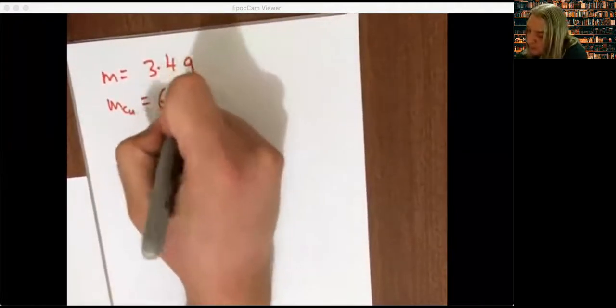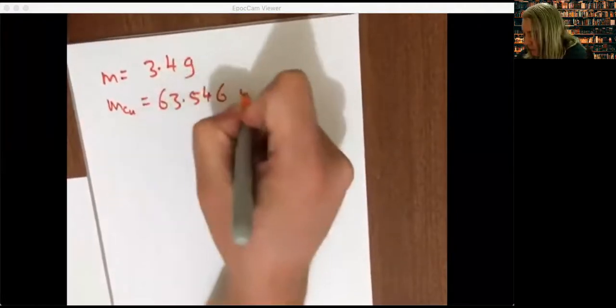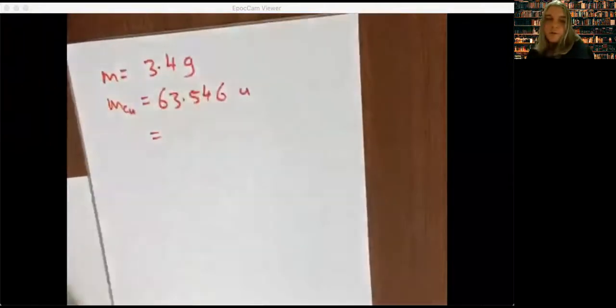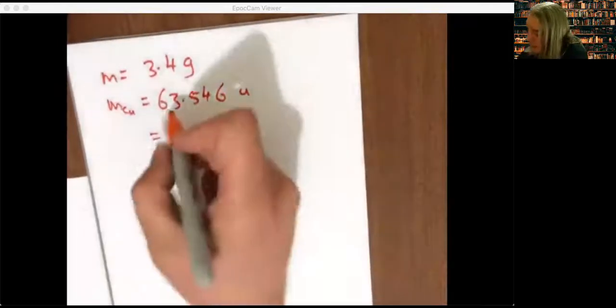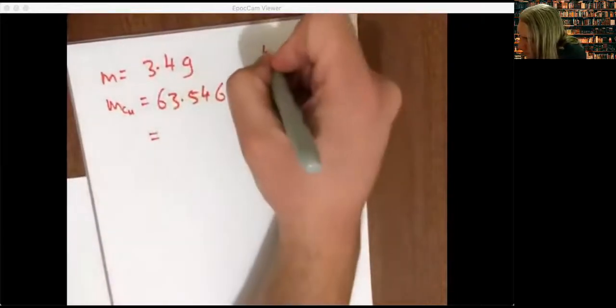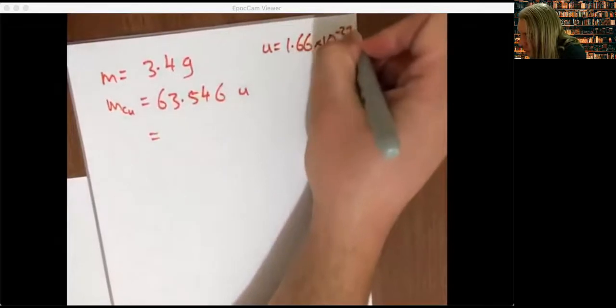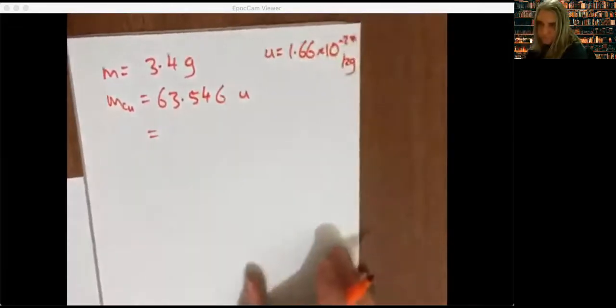So mass of one copper atom is equal to 63.546 U. And so for that, you now need to remember how much a U is. What's an atomic mass unit? And that is, I'll write that up here. U is equal to 1.66 times 10 to the negative 27 kilograms.